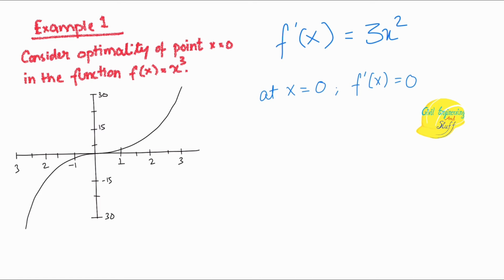Looking at this, this is x equal to 0. But if we put values in the function f of x equal to x cube, say x equal to 0.1, we will have a higher value, and if we put x equal to minus 0.1, we will have a lower value.